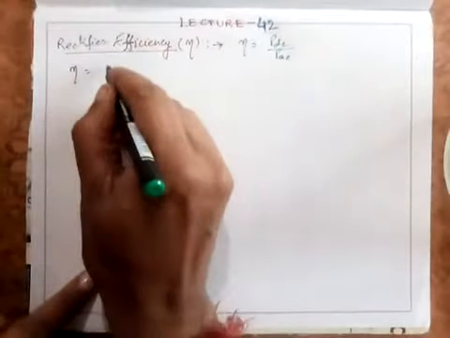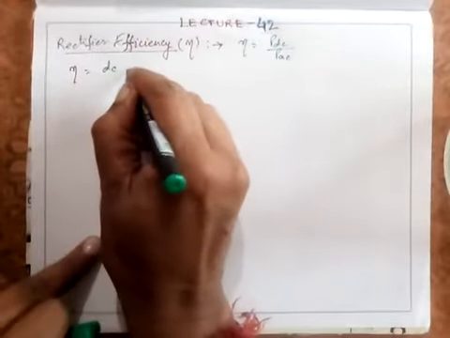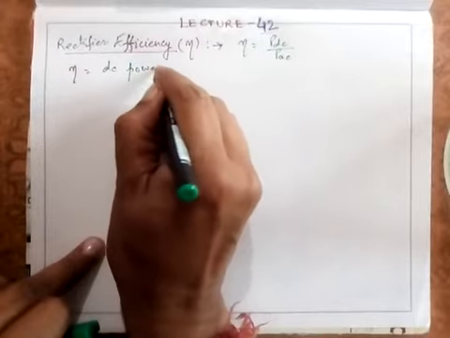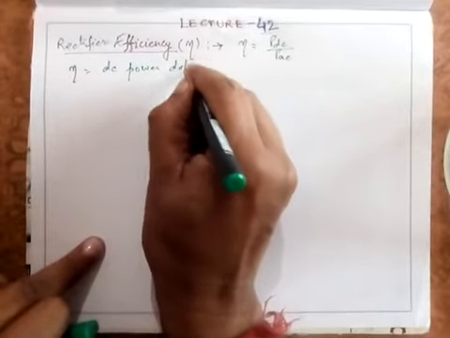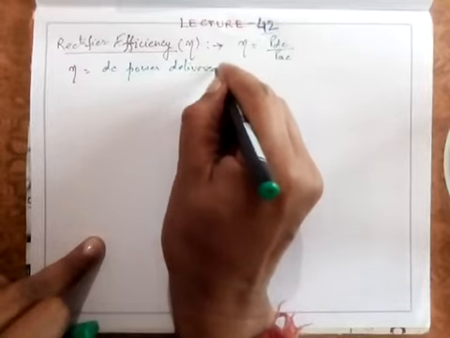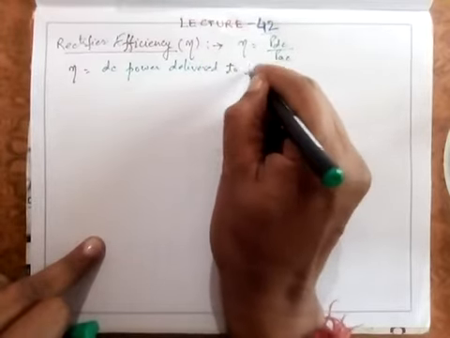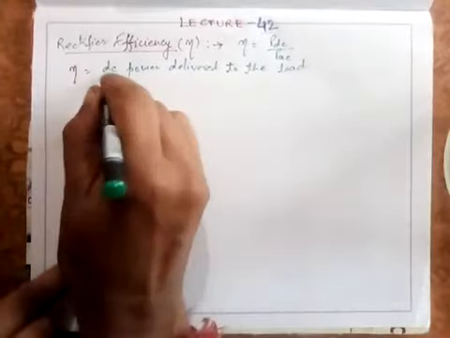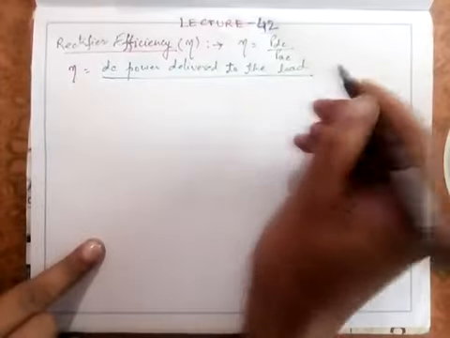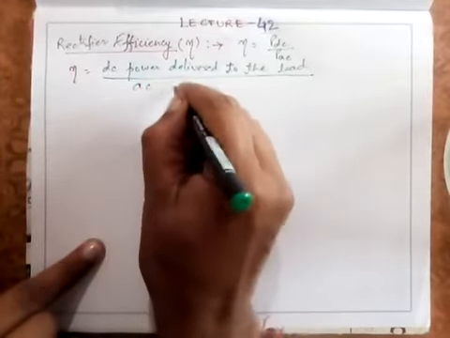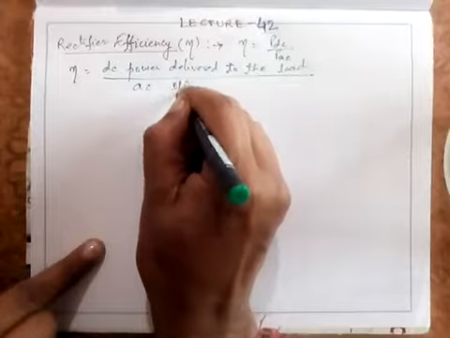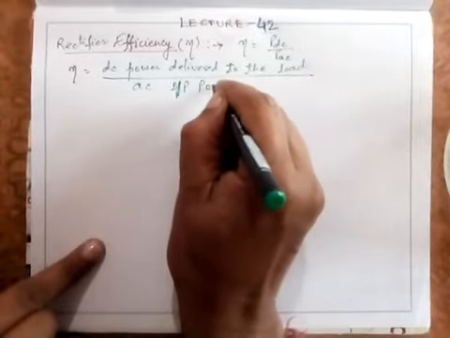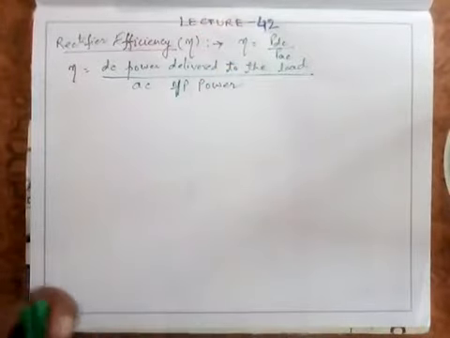In general, I'll define it as the DC power delivered to the load to the AC input power. This is the definition of rectifier efficiency.